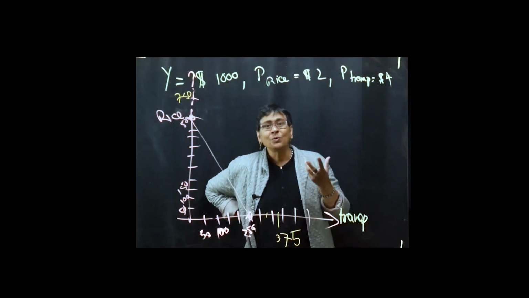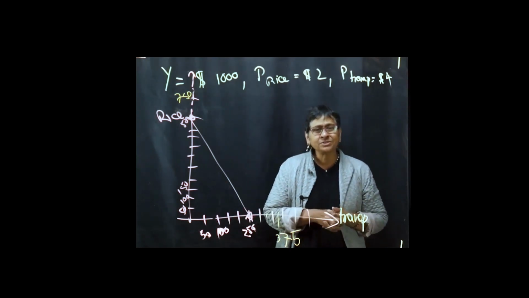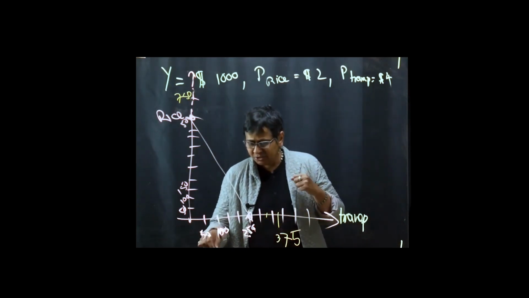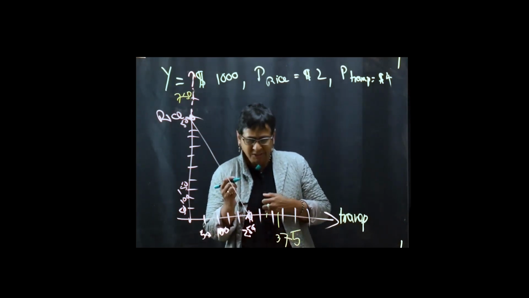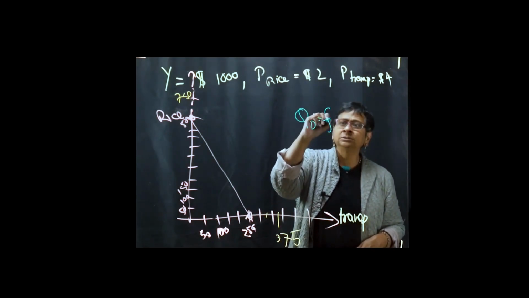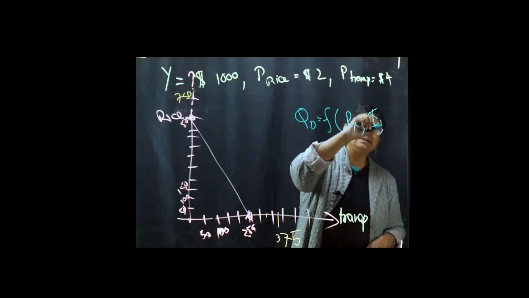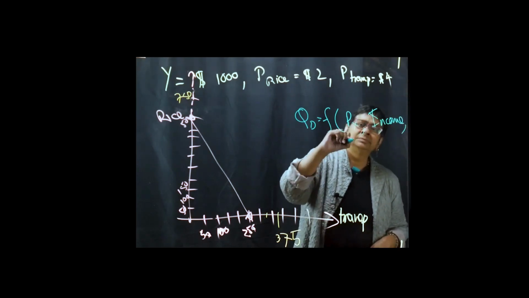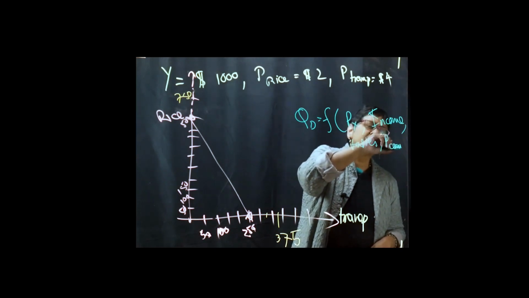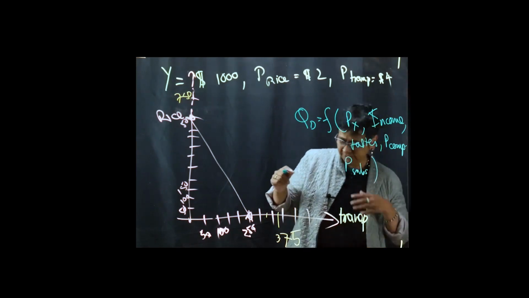So just remembering that our budget constraint is like our PPF options, let's take a look at our options a little more closely. Do you remember that the quantity demanded was a function of the price of the good, income, tastes, price of complements, price of substitutes, etc.? All right?